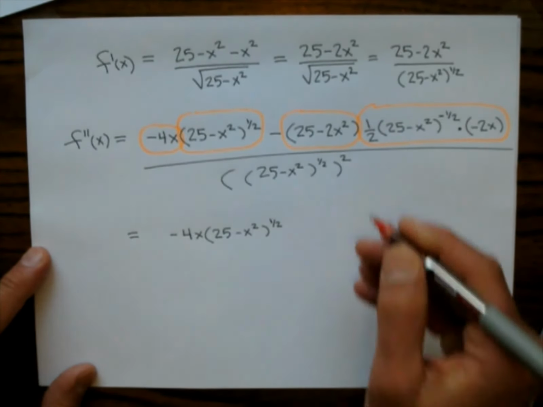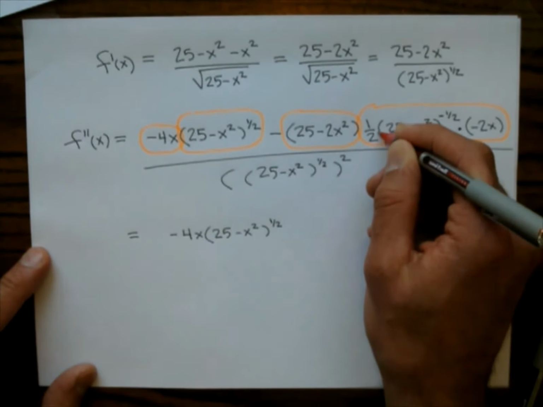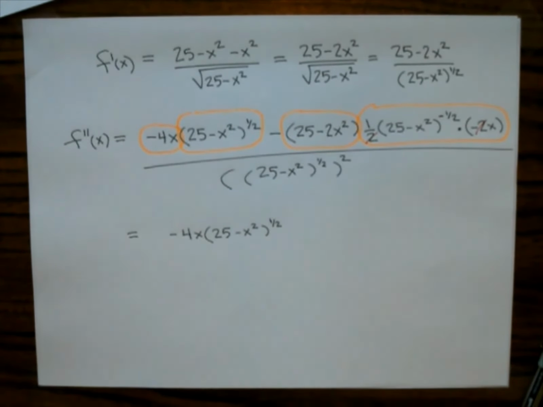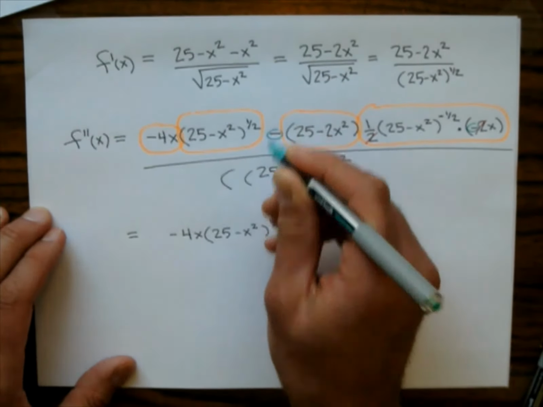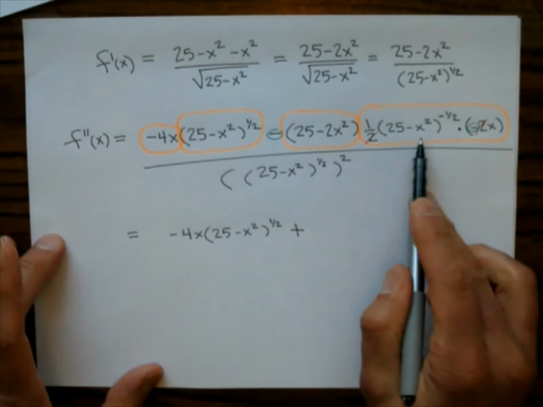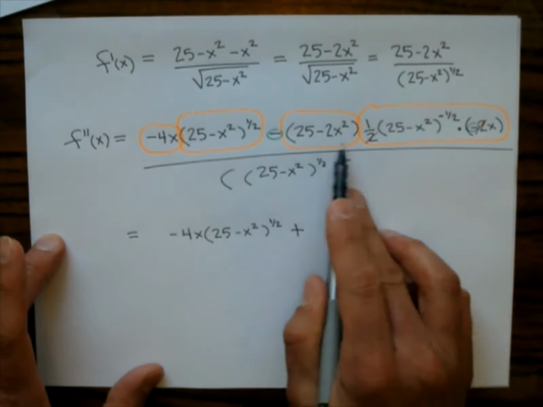Let's not forget a few things here. The 2's cancel, and then I have 2 minuses, which will give me a plus. That guy's getting sucked down to the bottom, and this guy's staying where he is.